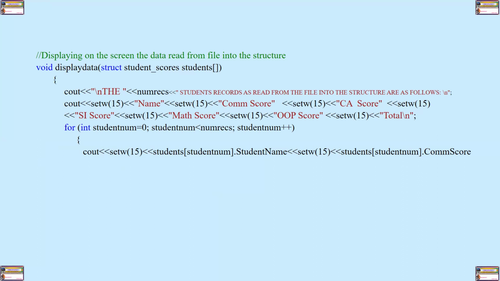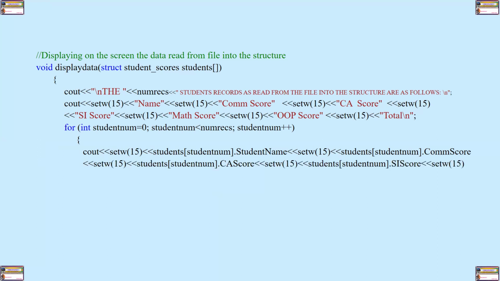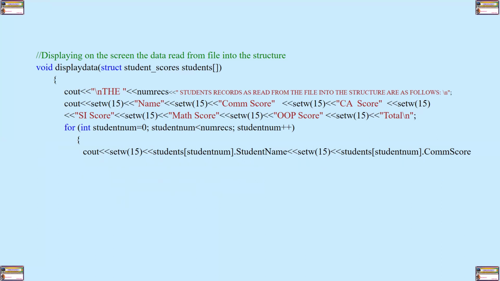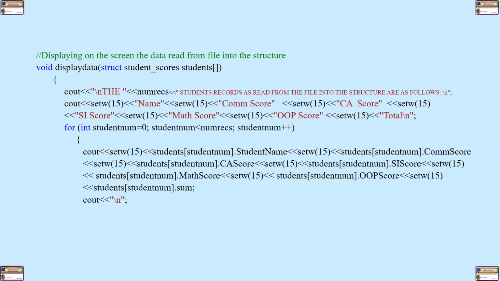It will pick students 0, the student name, displayed on the screen with the spaces or formatting as follows. Once the first record is done, the count will be incremented by 1, then it reads the next record.